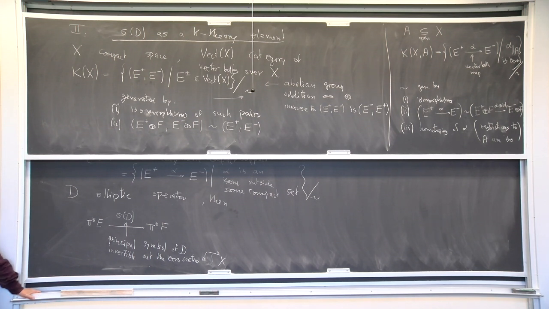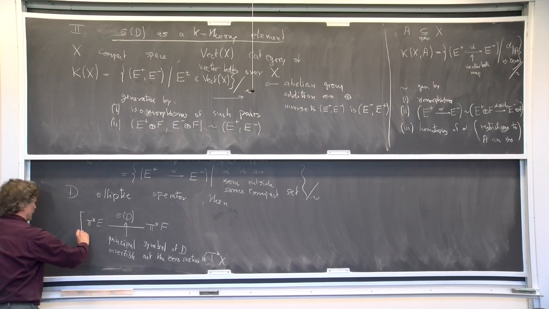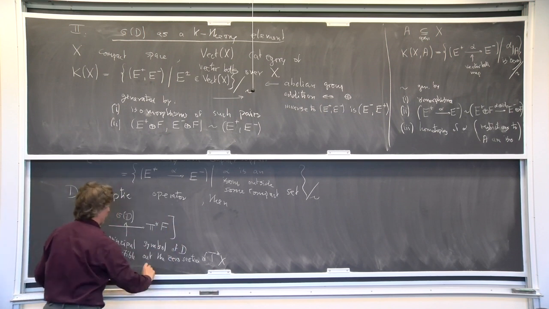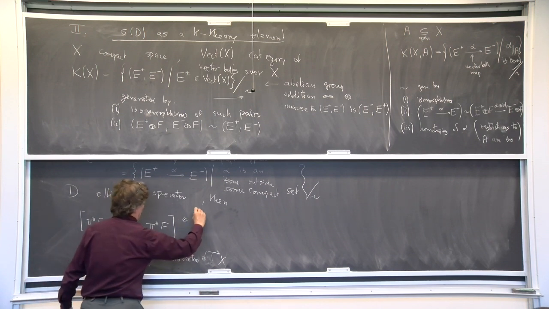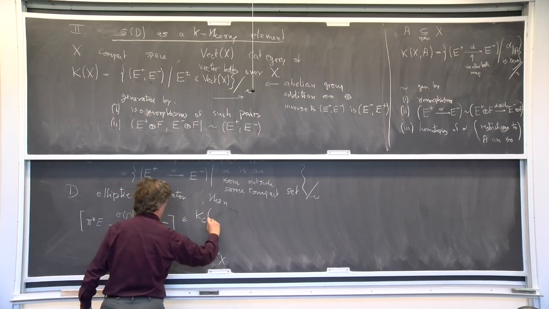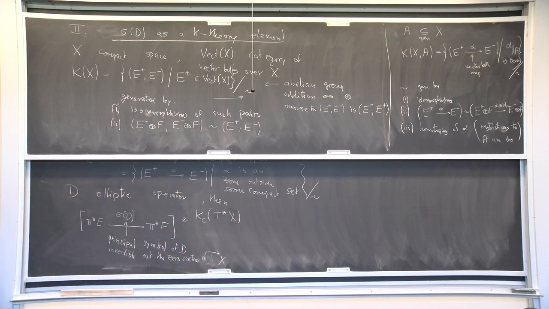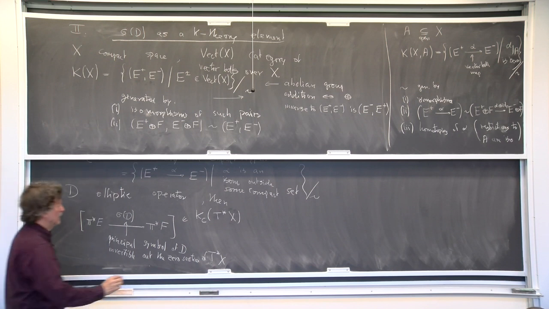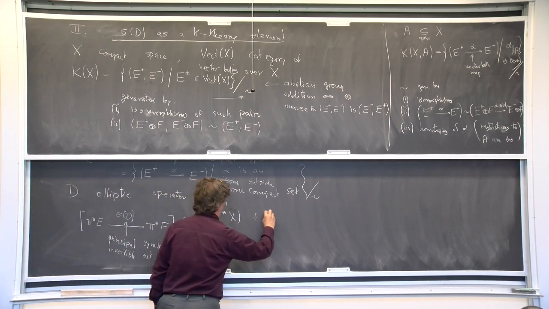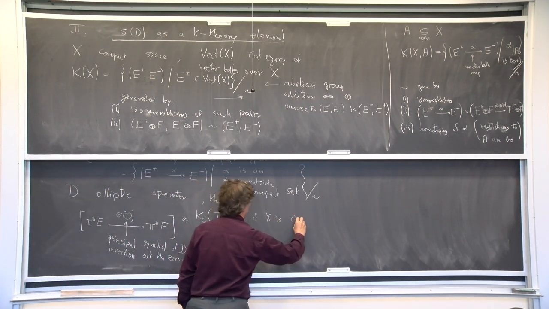So does that have compact support? Well, if X is compact, then it has compact support. So this one here, in other words, is an element in compact supported K-theory of the total space of the cotangent bundle if X is compact.